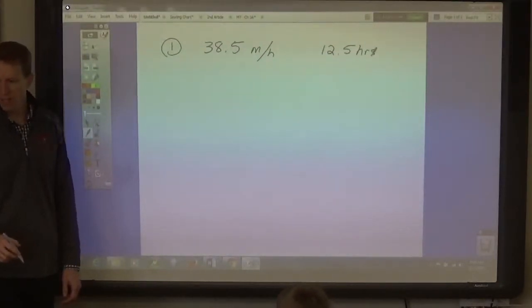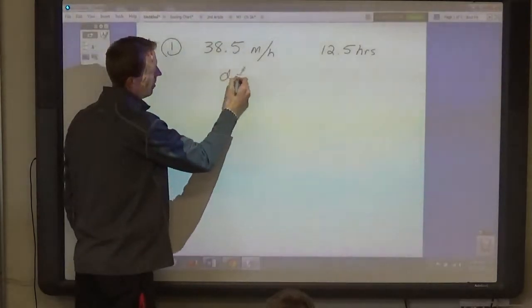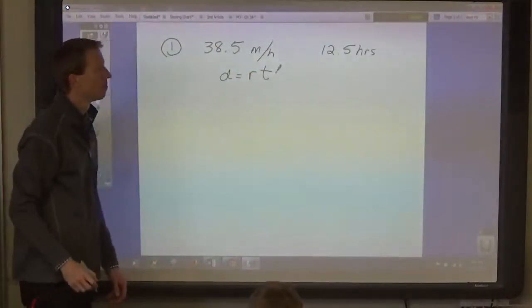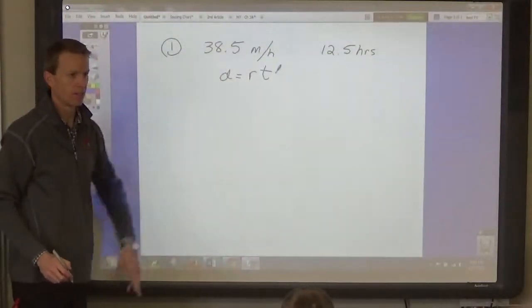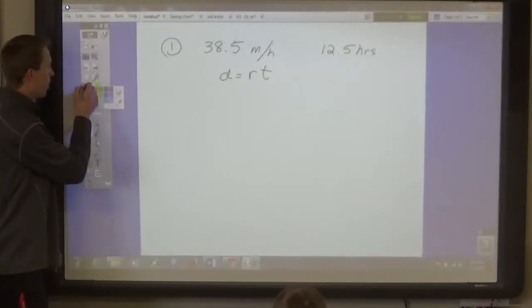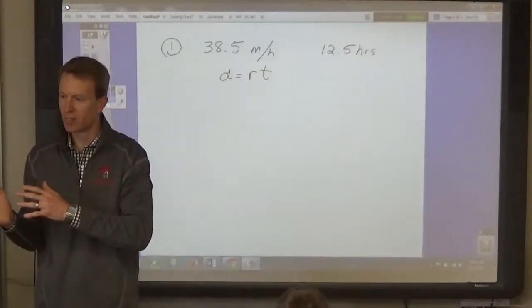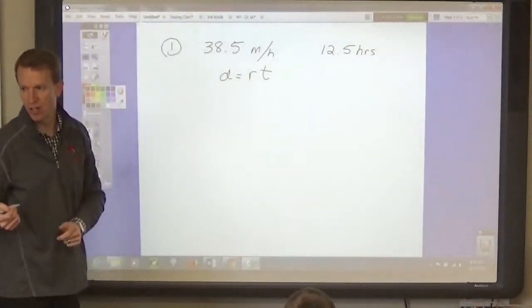Now, write the formula. D equals R times T. And then put the numbers in that order. Just like we were checking. Remember when we were checking an equation, you put the numbers into the original equation? You might as well start on this now, because this is part of your assignment.